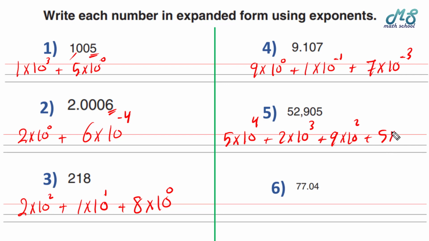Plus 5 times 10 raised to the power 0. 77.04. It's easy. 7 in 10th place, its value is equal to 7 times 10 raised to the power 1 plus 7 times 10 raised to the power 0. 4 in 100th place with THS. So its value is equal to 4 times 10 raised to the power negative 2.